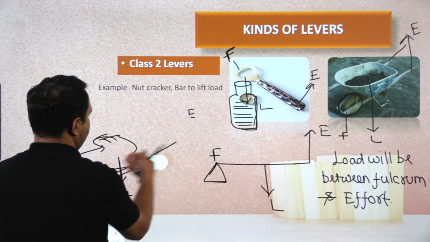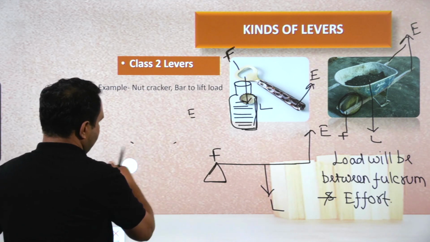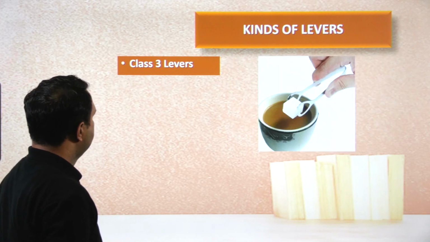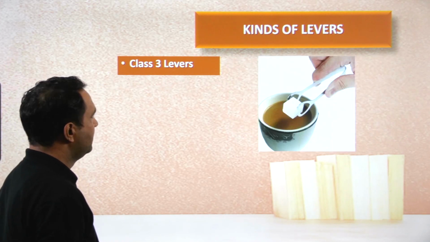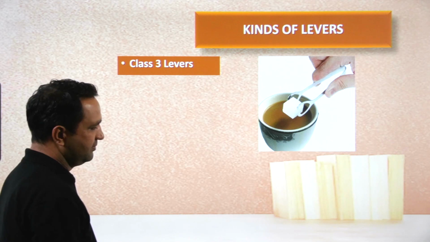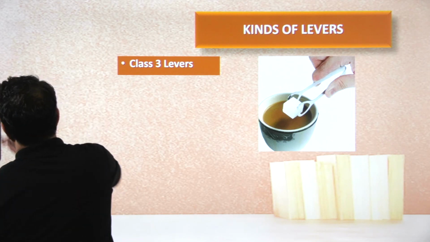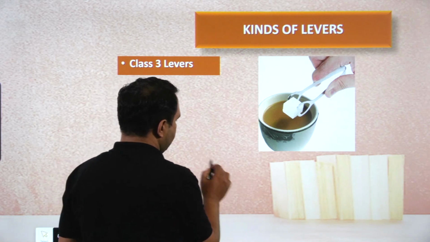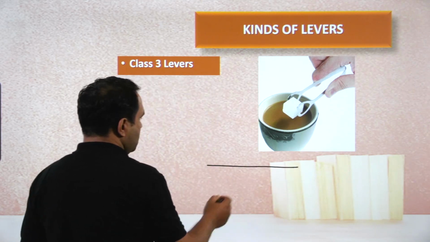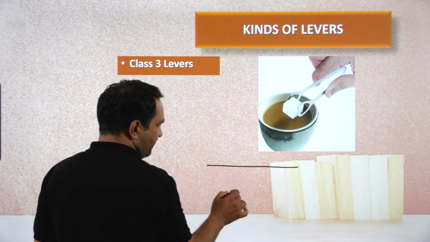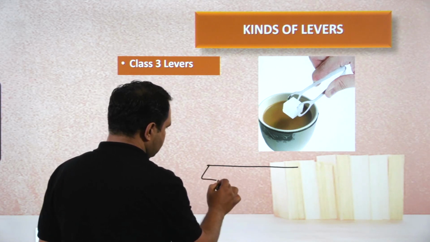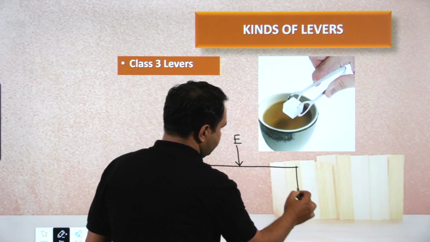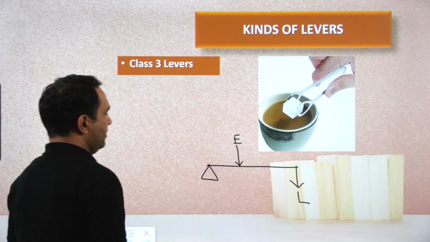Okay, moving on, the third type of lever or class 3 lever. So this is class 3 lever. The example is of sugar tongs. In this type of lever, there is fulcrum, effort and load, right?